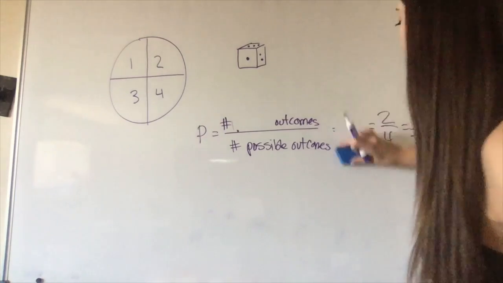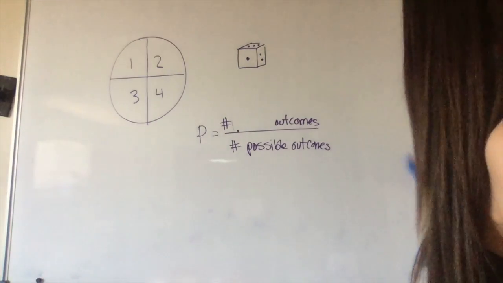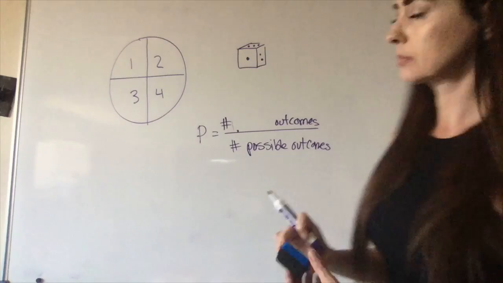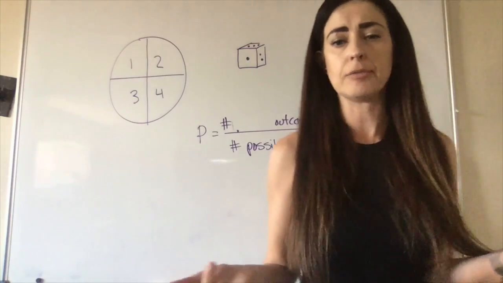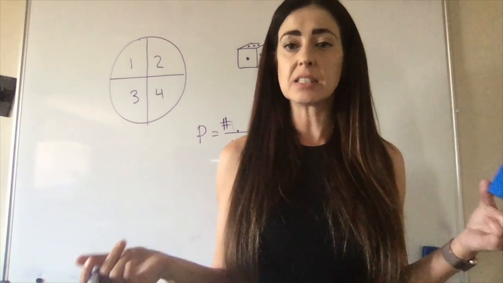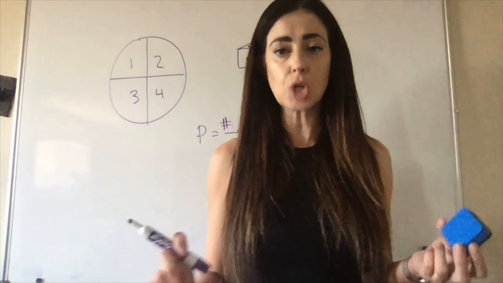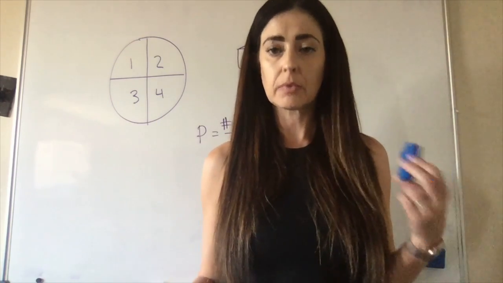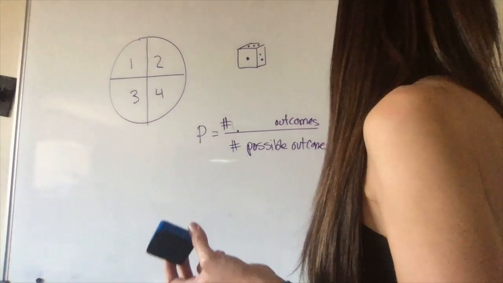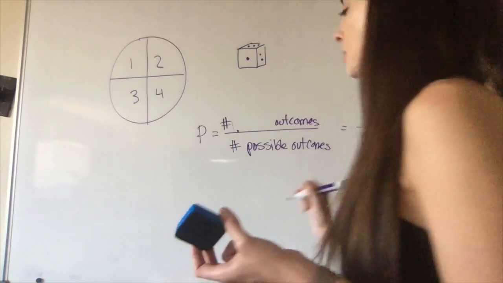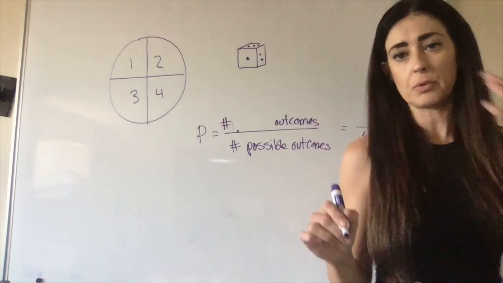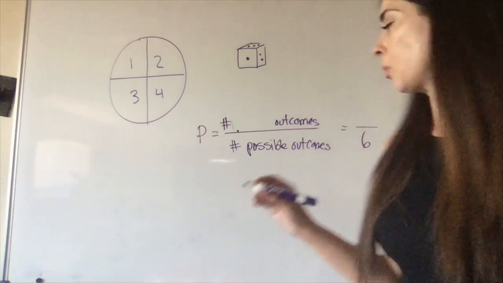Now, if we're dealing with the die, or the dice, whatever, how many sides does a die have? It has 6 sides. So your denominator is always going to be 6, because that's the number of possible outcomes. What's the chance that you're going to roll a 3? It's going to be 1 out of 6.